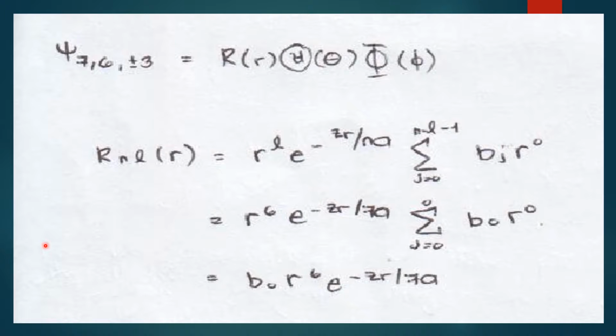Substituting the n and l values will give us r raised to 6, e raised to negative Z r over 7 a bohr, r to the 0, since our j value is equal to 0. Now, it is equal to b0 r raised to 6 e raised to negative Z r over 7a.